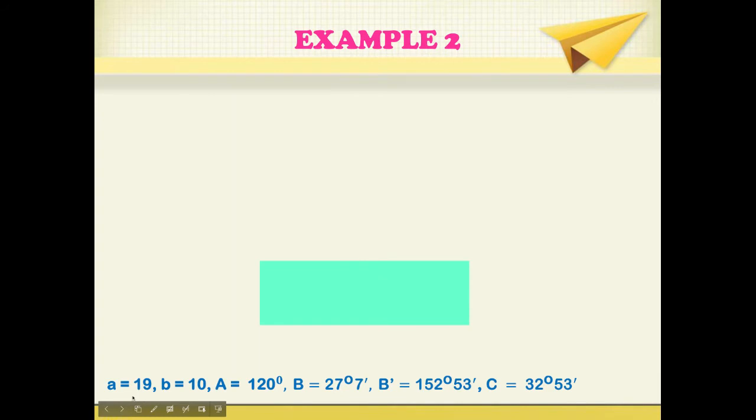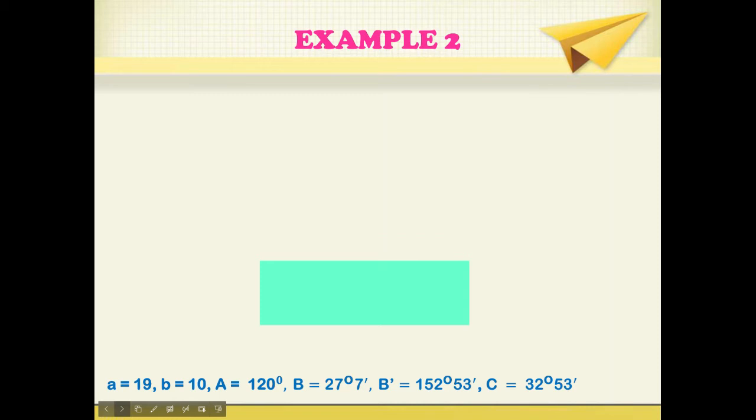So now we have the values for side A, side B, angle A, angle B, angle B prime, and angle C. Let us now solve for side C, since we don't have the value for side C yet. And remember, when we say solve a triangle, that means we will find the values of all its parts, meaning the measures of all its angles and its sides.